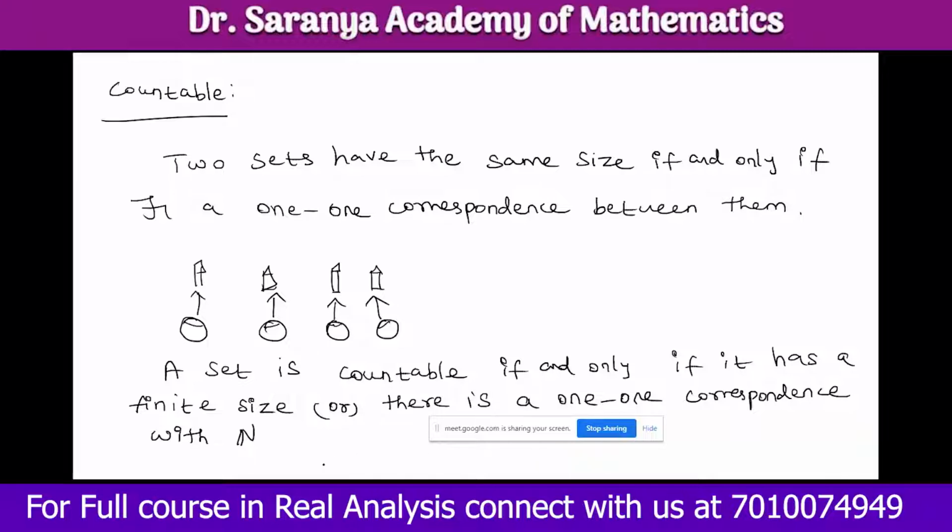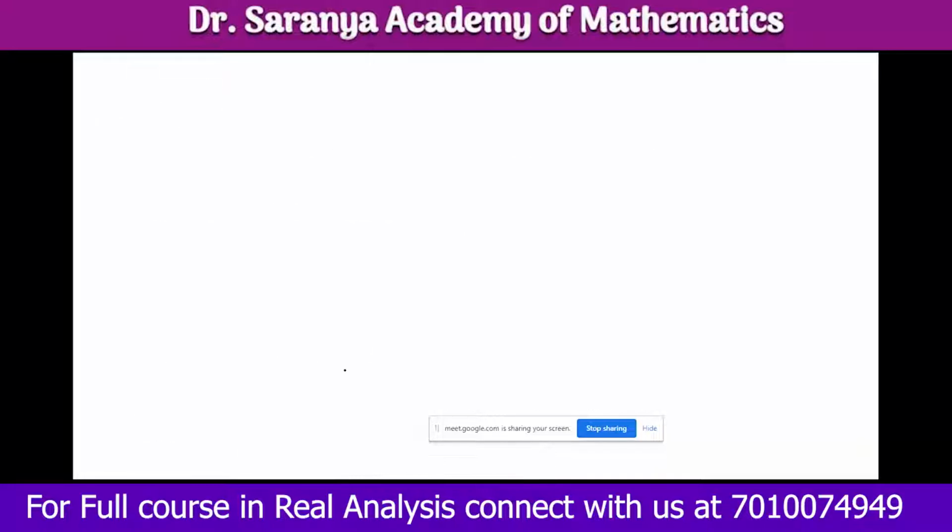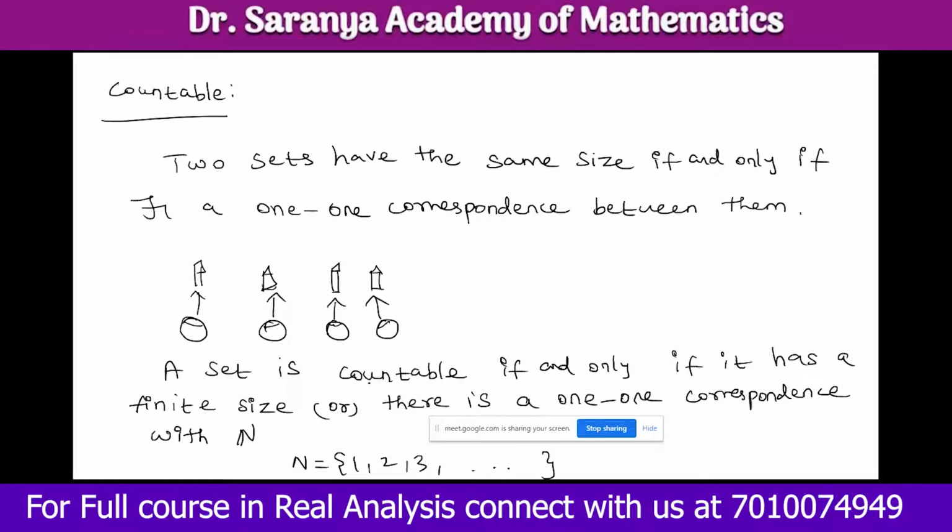Natural numbers are also countable, starting with 1, 2, 3, etc. This is not finite, this is an infinite set, correct? So now we can take odd numbers. Is there any doubt for countable? No, ma'am.